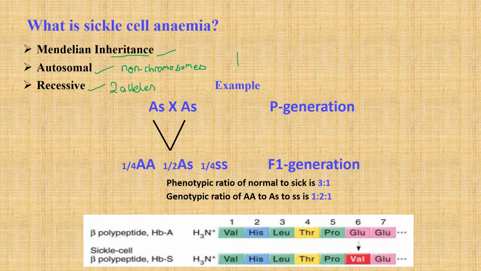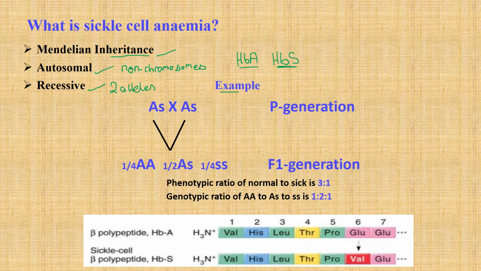In other words, normal hemoglobin is usually represented as hemoglobin A, and the sickle hemoglobin, which is the mutated copy, is represented as hemoglobin S. So we require 2 copies of this mutated allele in order for an individual to express sickle cell anemia at the phenotypic level, because normal hemoglobin is usually dominant over the sickle hemoglobin.